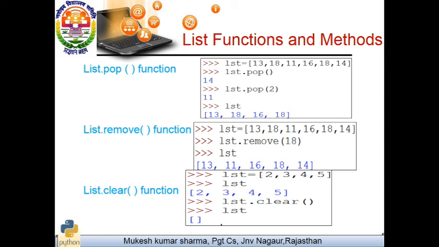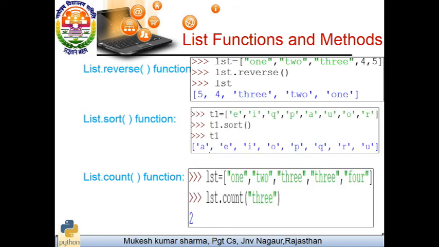Remove function. The remove function will delete the first occurrence of the passed value but does not return the deleted value. Clear function. The clear function will delete all values of the list and give an empty list. Reverse function. It will reverse the list and it does not create a new list.